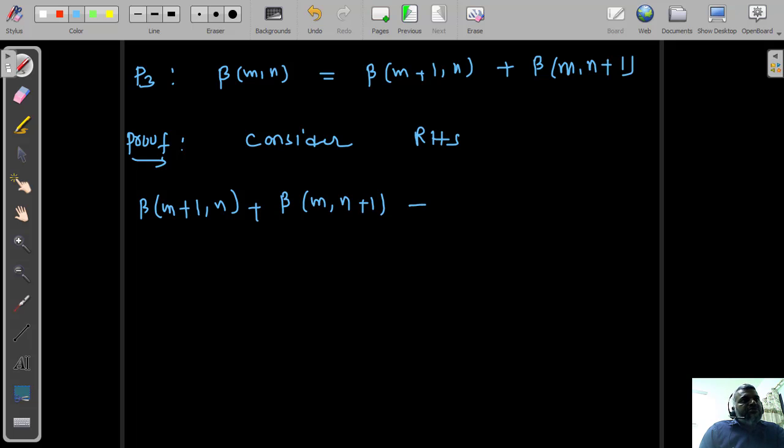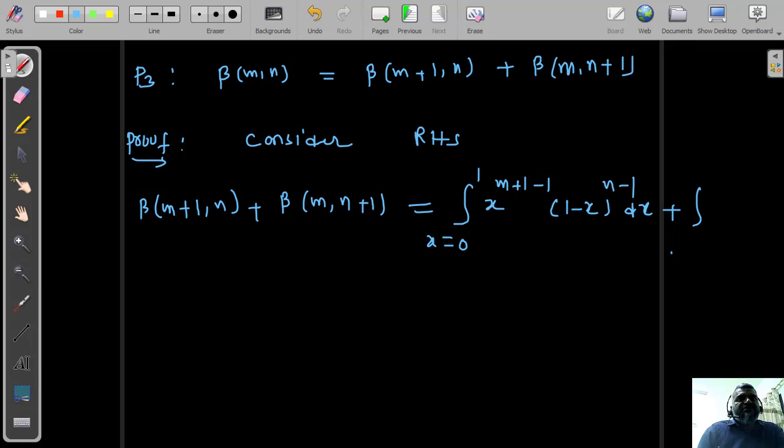For the first term, apply the definition: integral x from 0 to 1, x power m minus 1, which means m plus 1 minus 1, because in place of m we have m plus 1, multiplied with 1 minus x power n minus 1 dx. There is no change here in the second power.